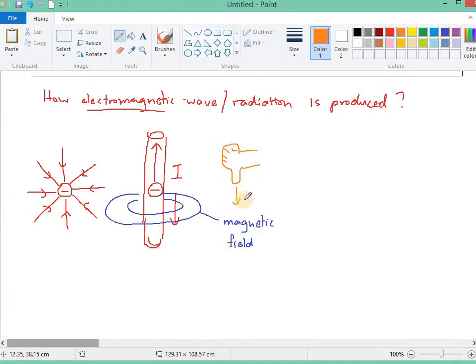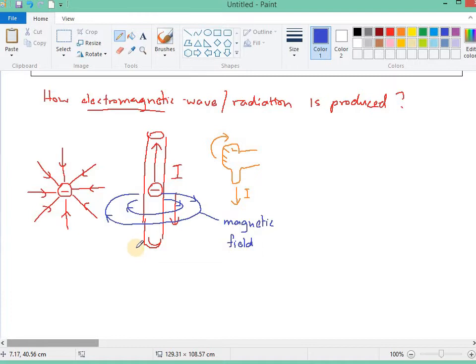So this is the direction of current. The direction of fingers is the direction of magnetic field. So that means this magnetic field direction is in this direction.